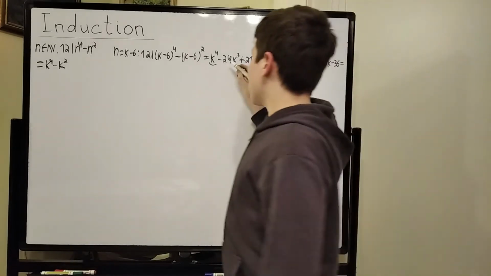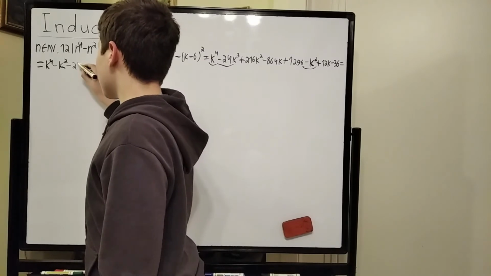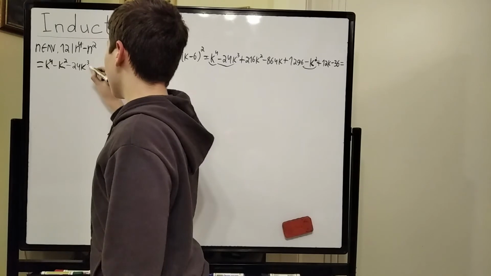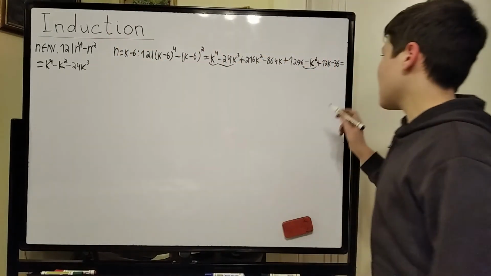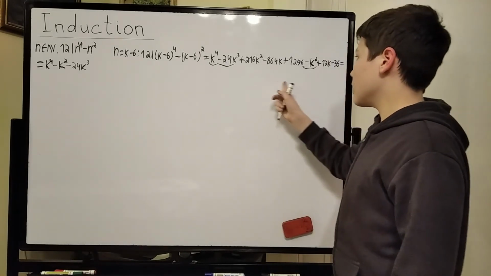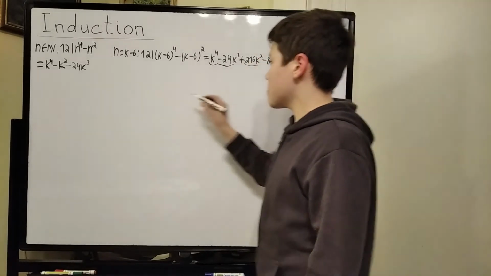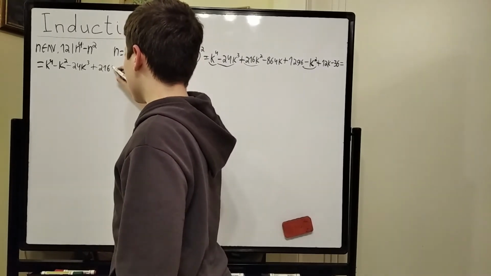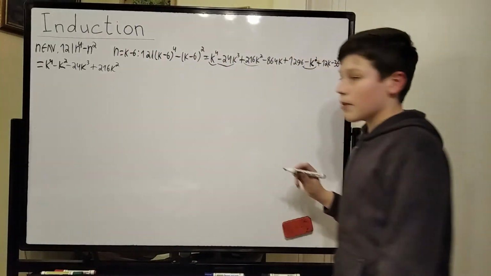We only have negative 24k cubed, so we have minus 24k cubed here. Then for the k squared term, the only k squared term we haven't used is 216k squared. We already used negative k squared. So we'll have plus 216k squared.